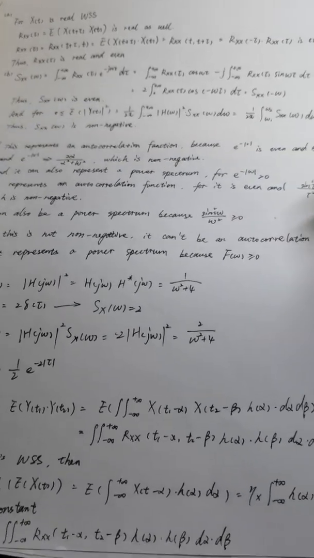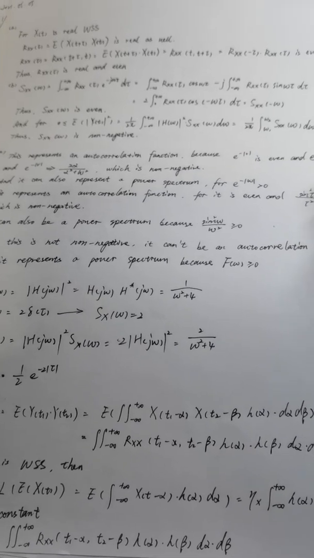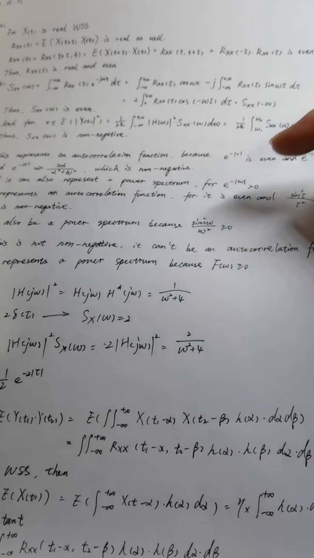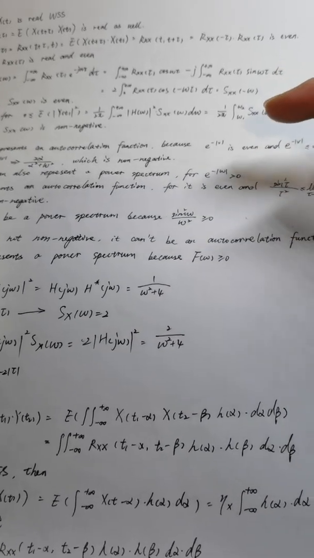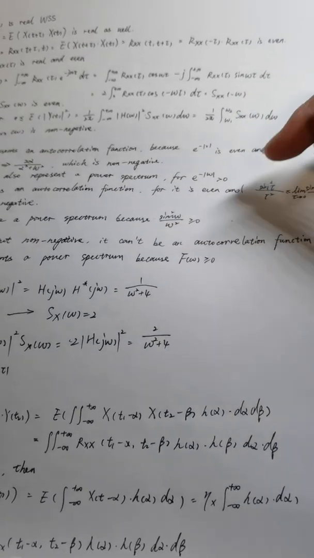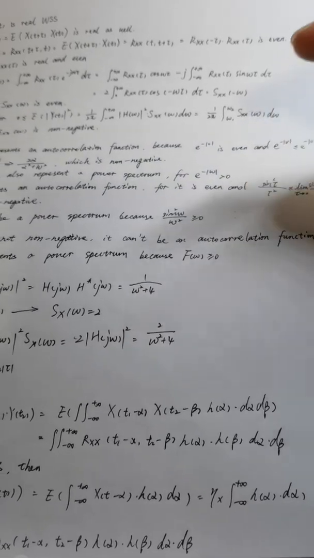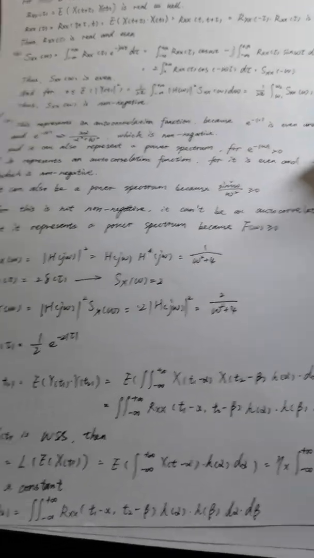And for the next part, it may represent a power spectrum also because e to the power of minus absolute value of omega is guaranteed to be larger or equal to 0.